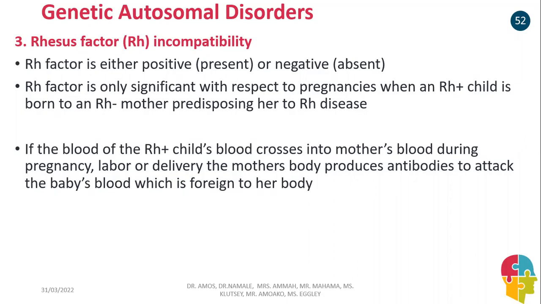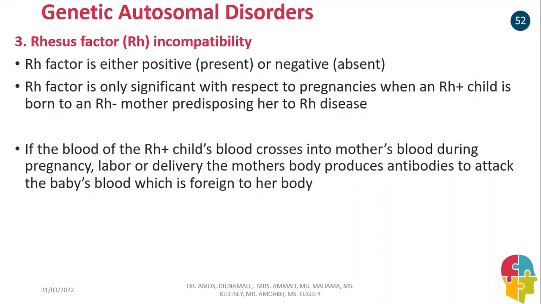But during birth, the child's blood is likely to mix with the lady's blood. Once the woman's blood sees the RH positive proteins in her system, it considers them a foreign material, so it produces antibodies to attack them.